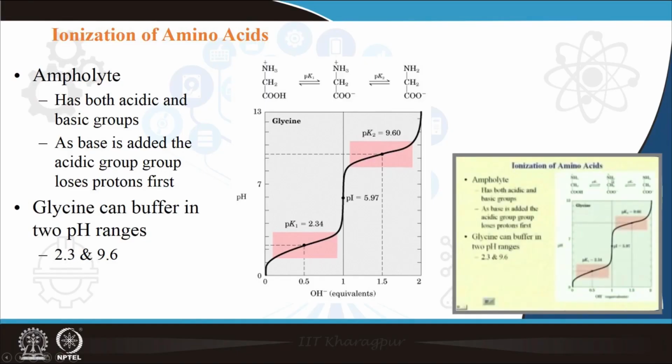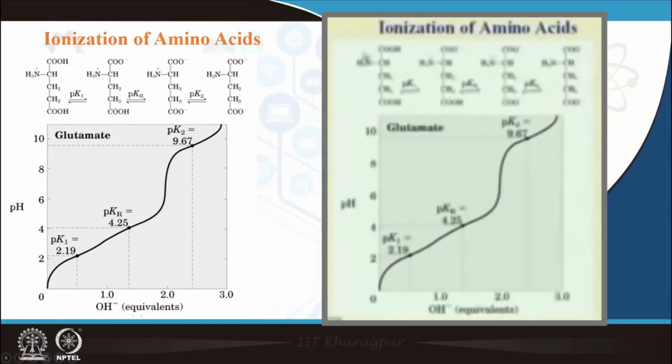But now the fun begins when we don't have H2 here. Suppose I have something else, okay? Suppose I have glutamate. What does glutamate have now? It has an additional COOH to it. So what do I have at low pH now? At low pH, look at this species. This is the side chain.